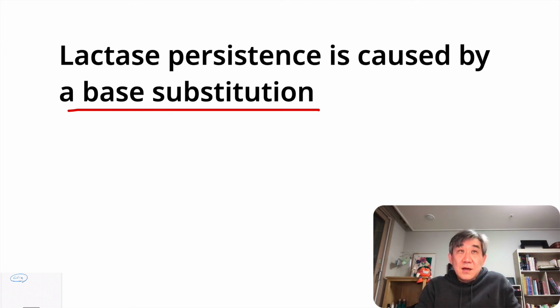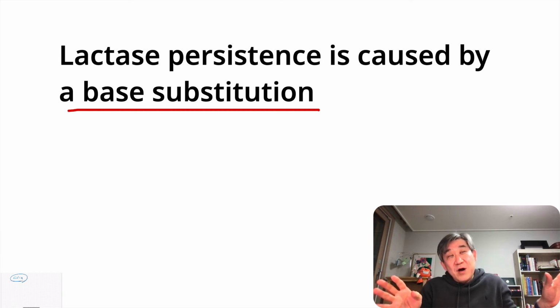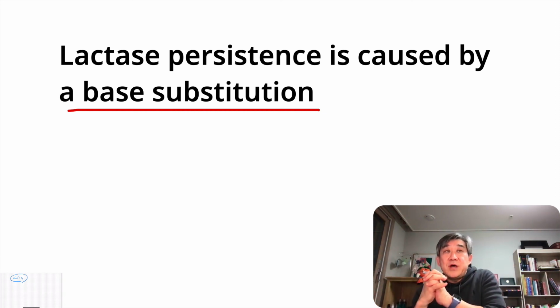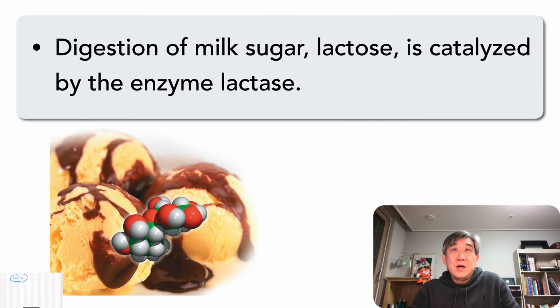One is that even with this single base substitution, it is a dominant mutation. The other is that this base substitution does not take place in the coding region. It is in a non-coding regulatory region, far from the actual transcription start site, and you will still have a very noticeable consequence.